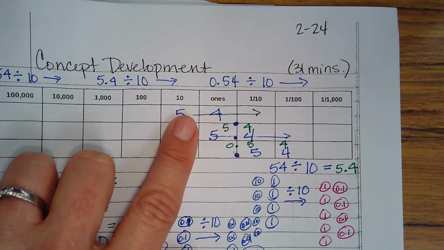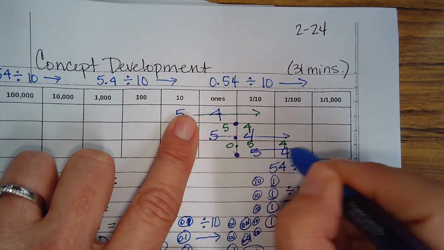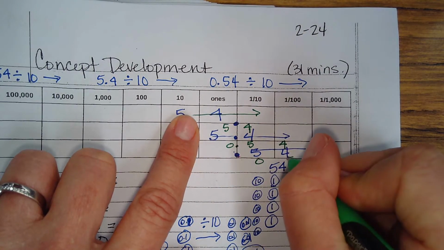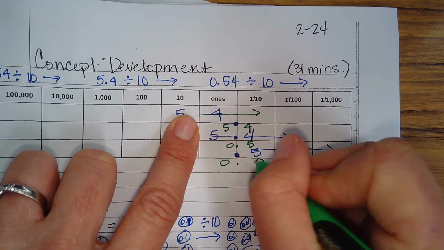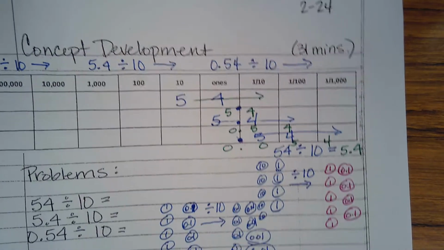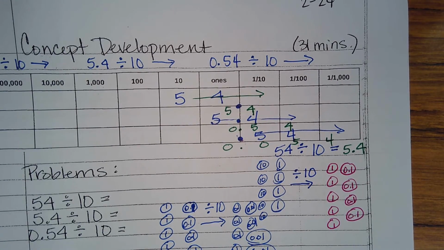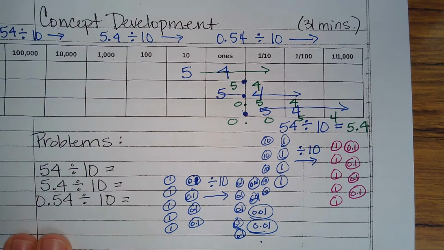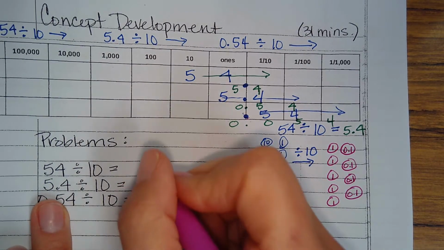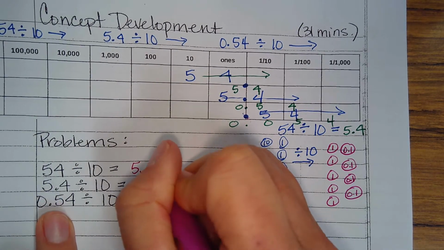There's a pattern here. So our new number becomes 0.054. Okay, so now we know that this is 5.4, right?